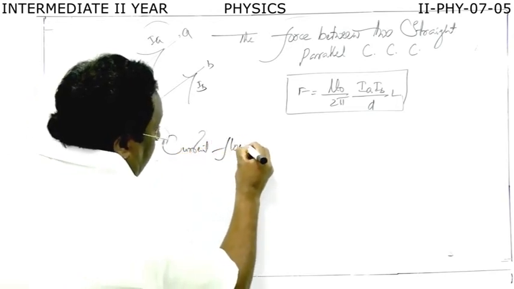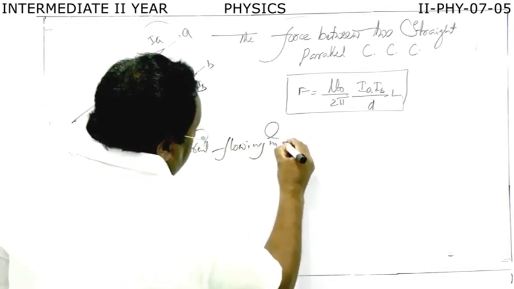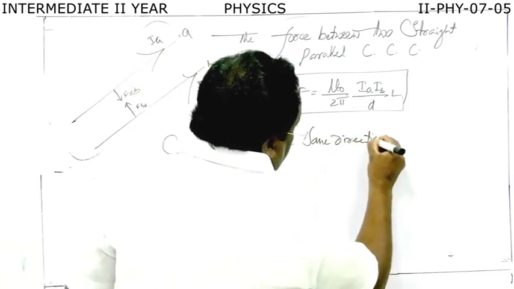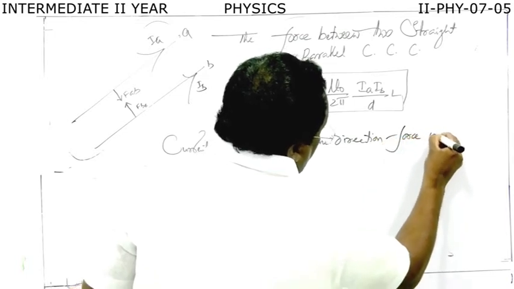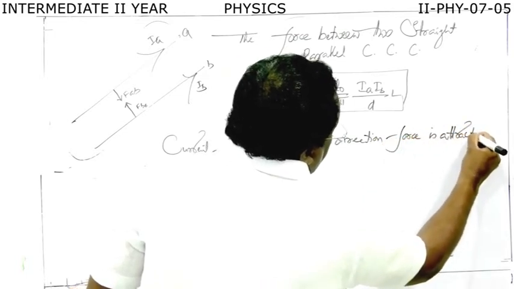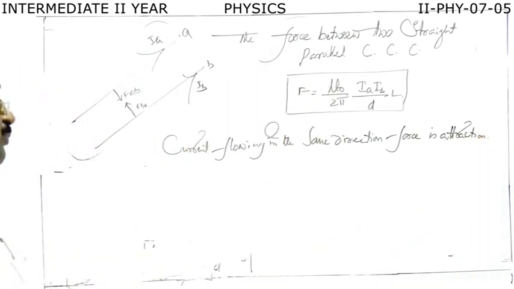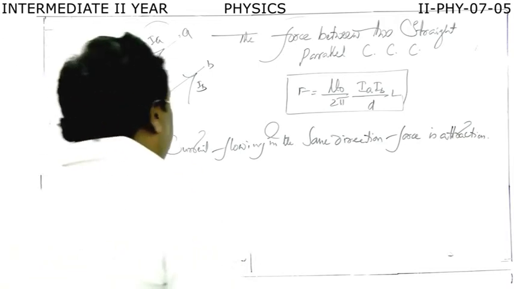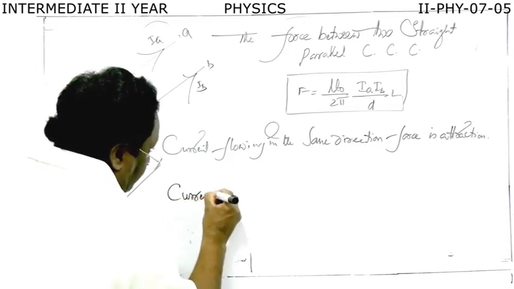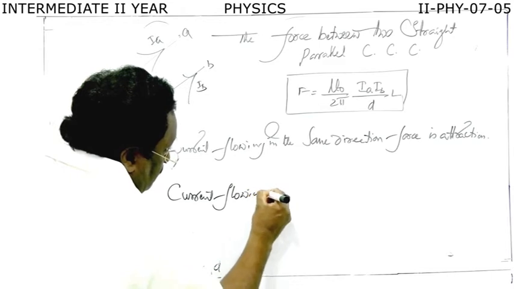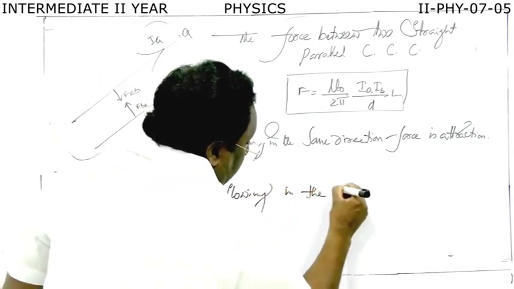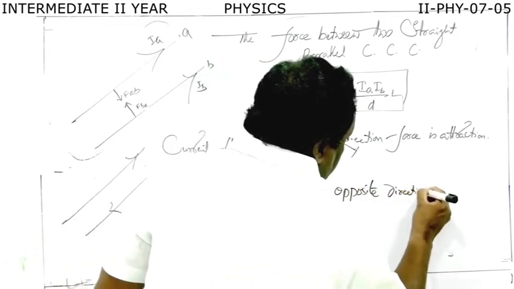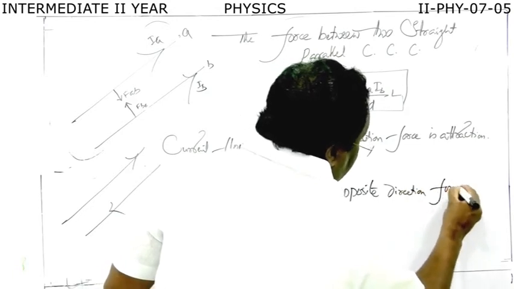Suppose the current is flowing in the opposite direction, anti-parallel, then the force is repulsive.